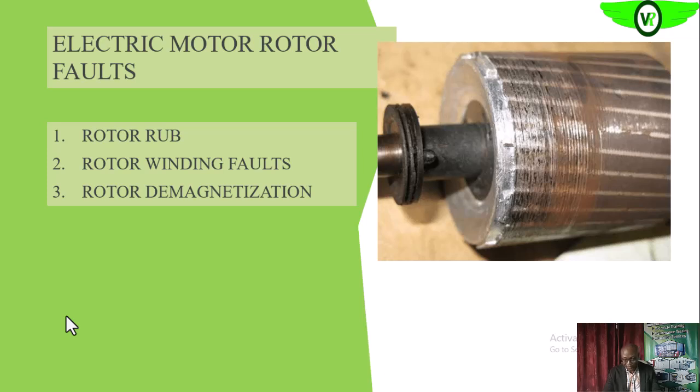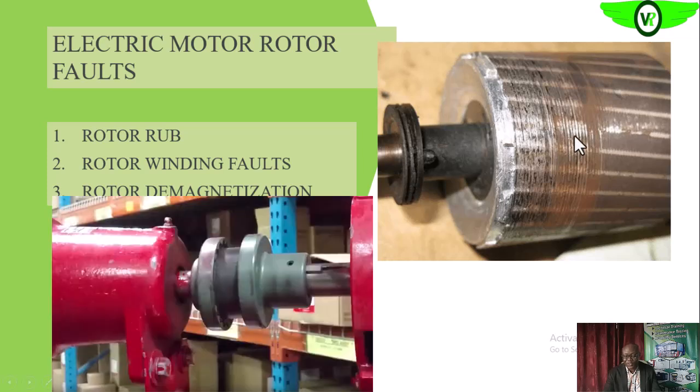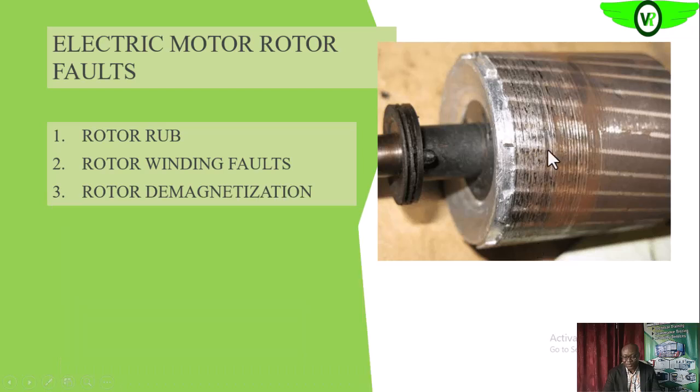Another factor that can cause rotor problems, as we outlined earlier, is when the rotor is rubbing, probably because of a faulty bearing or misalignment fault. That will force the rotor to rub at one end.